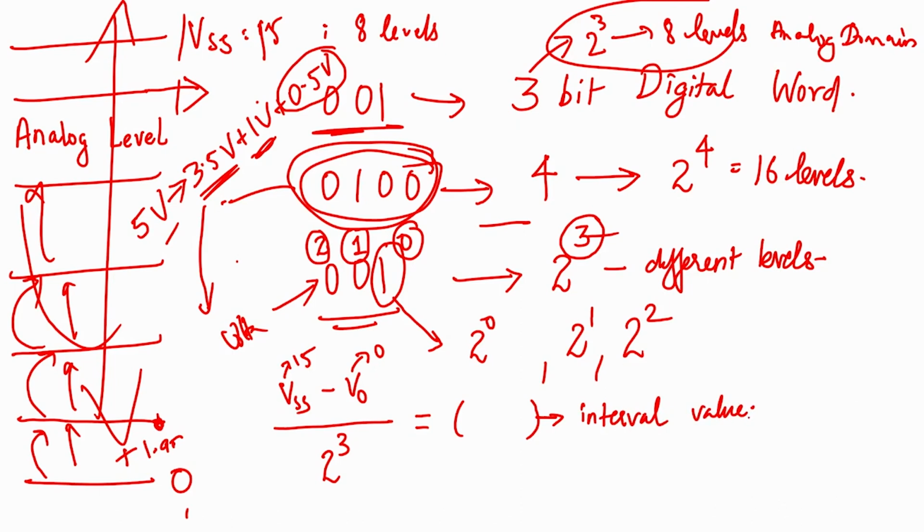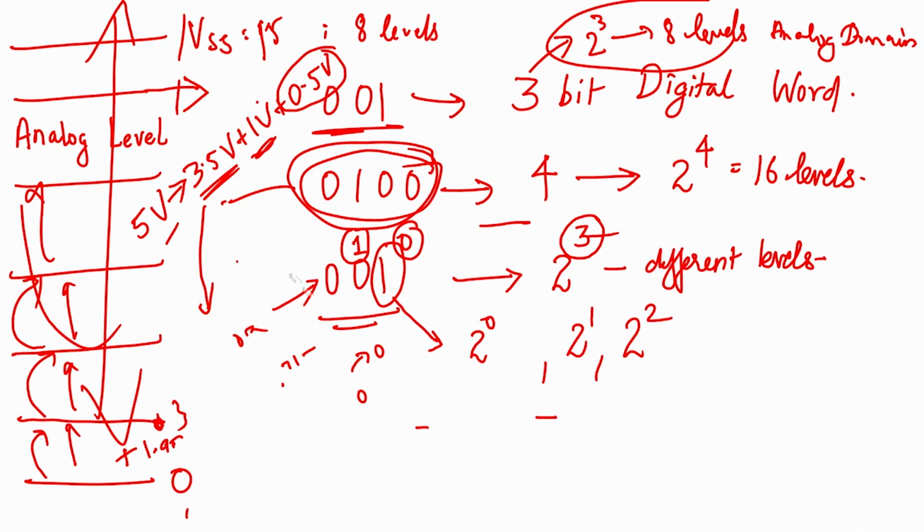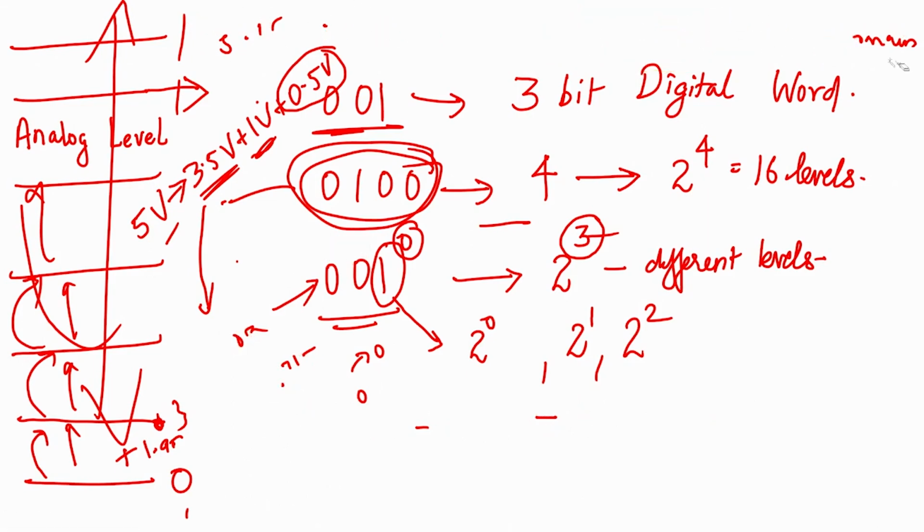Then what we have to do, we have to find out what is the voltage corresponding to one level, correct. So, let us say we take 0 0, okay, that is clear to you, right. So, let me go back, let me clear this out. You understood what a digital word is.